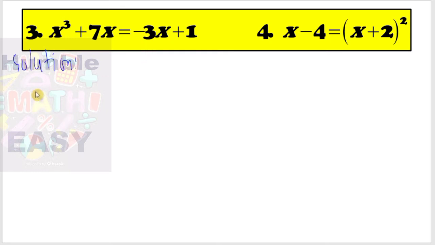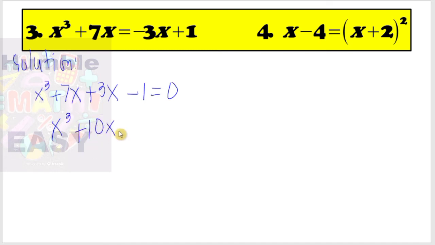So we have x cubed plus 7x, copying the left-hand side of the equation, then transpose the negative 3x plus 1 to the left side, so the negative 3x became positive 3x, then the positive 1 became negative 1, equal to 0. As we go through the process, it became x cubed plus 10x, because 7x plus 3x is equivalent to 10x, minus 1 equals 0.